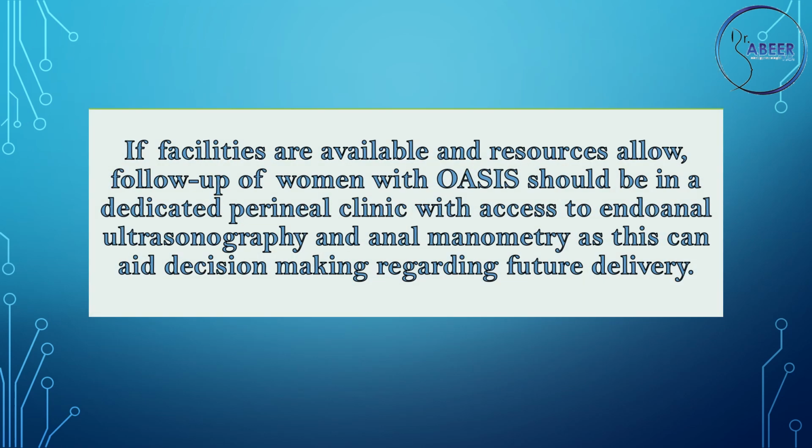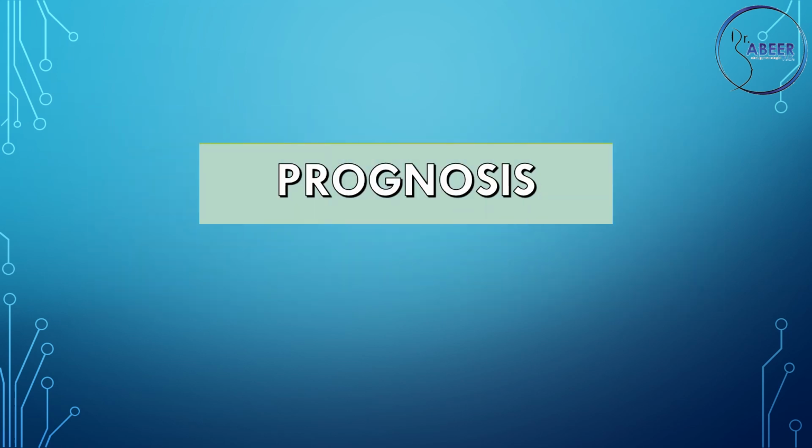If facilities are available and resources allow, follow-up of women with obstetric anal sphincter injuries should be in a dedicated perineal clinic with access to endoanal ultrasonography and anal manometry, as this can aid decision-making regarding future delivery. Prognosis.